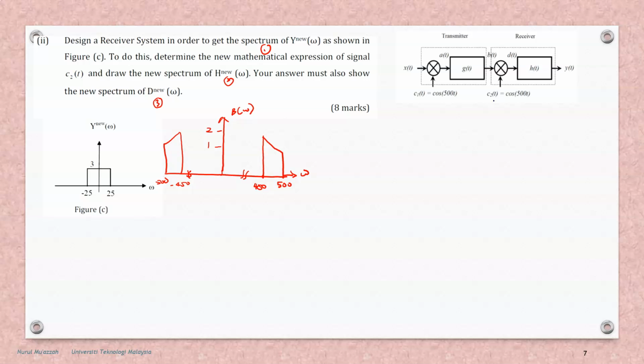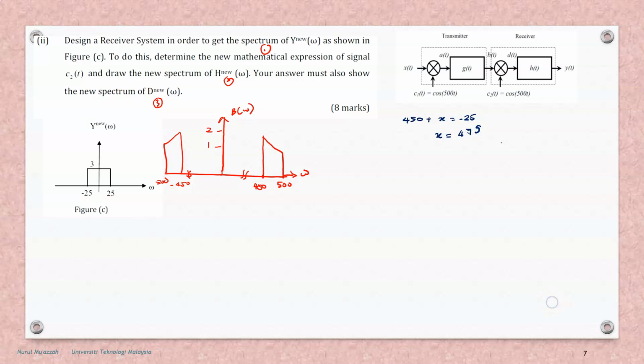So we know that 450 plus x is equal to -25, and we need to find this x. Why did I put 450 here? We want to shift this 450 to 25, so x is equal to 475.